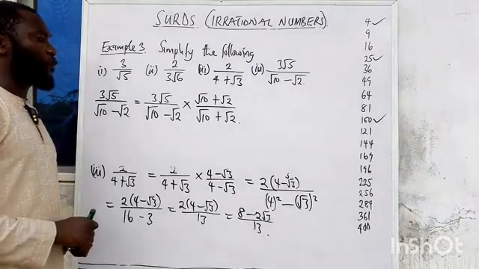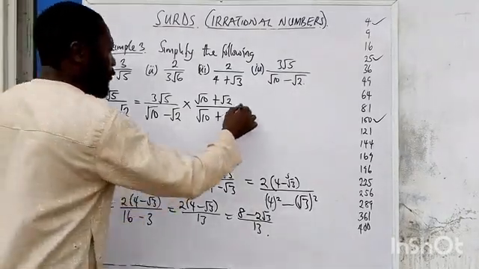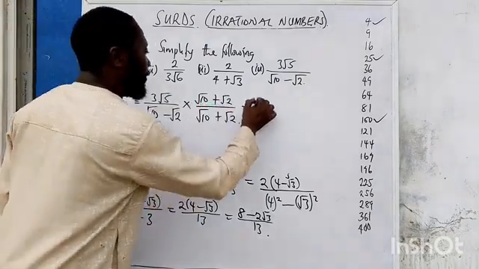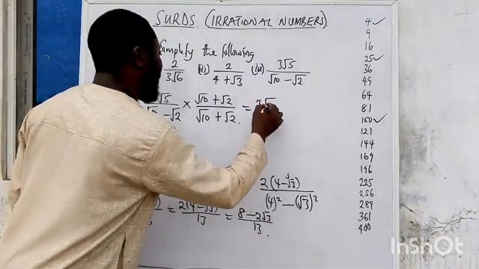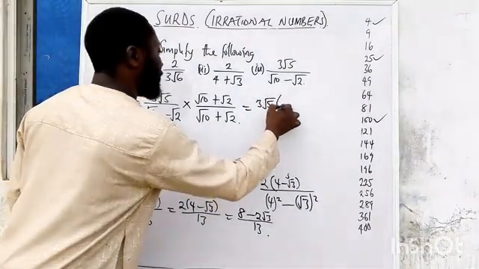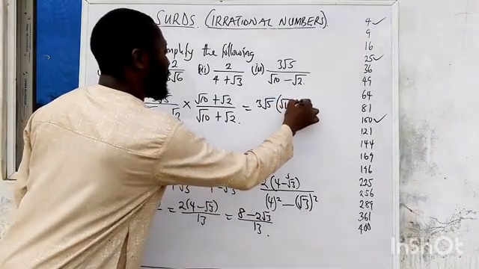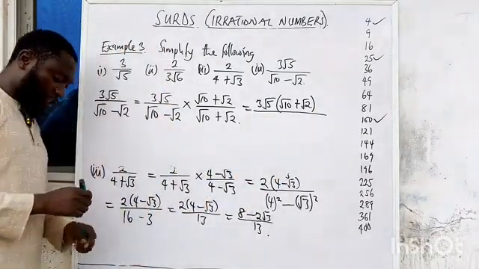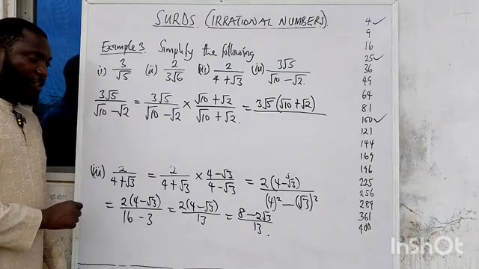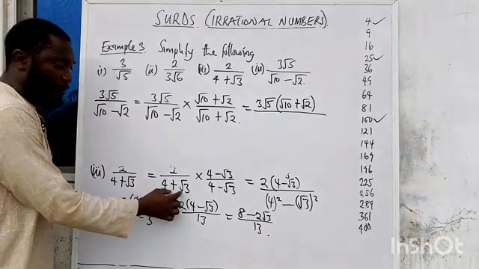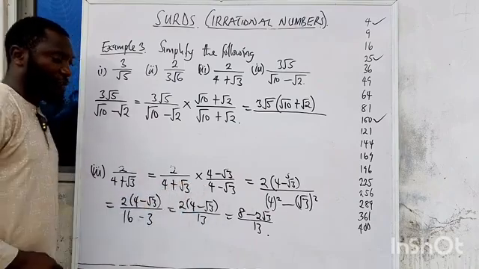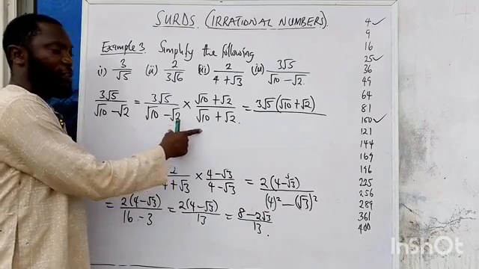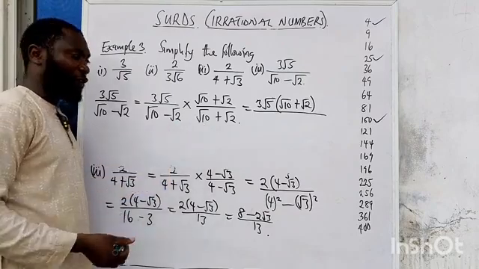Now, we open the bracket and we multiply again. We are using this to multiply everything. So I have 3 square root of 5, open bracket, square root of 10 plus square root of 2, divided by, now just like this example here, we have the same values but the signs in the middle are different. What that simply means is a difference of 2 squares again.